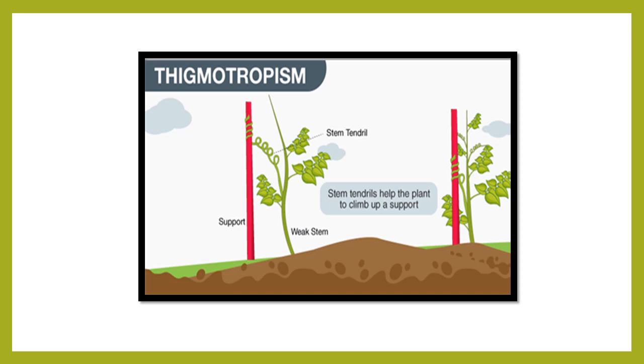The stem tendrils help the plant to climb a support. That's thigmotropism, which is different from thigmonastic movement. Here we are talking only about thigmotropism.